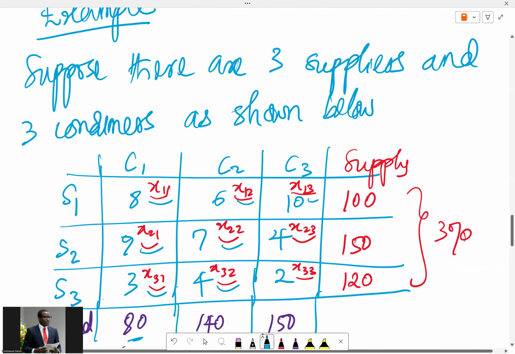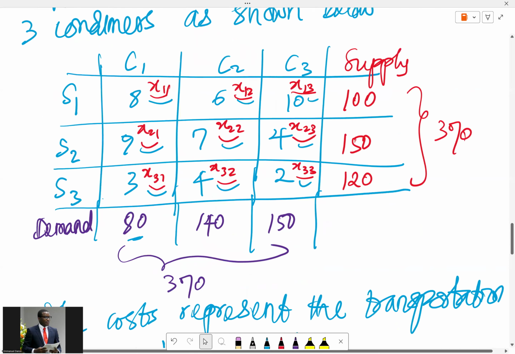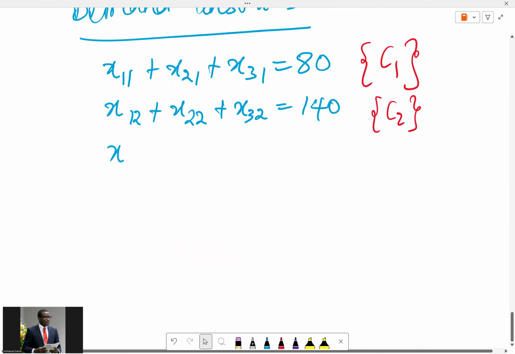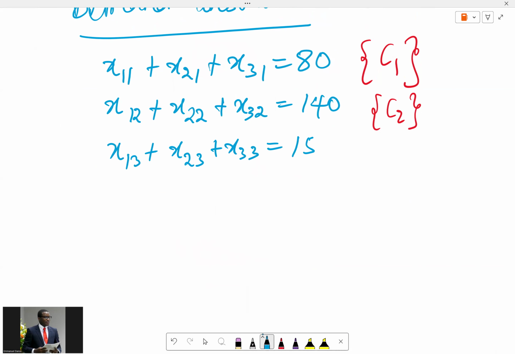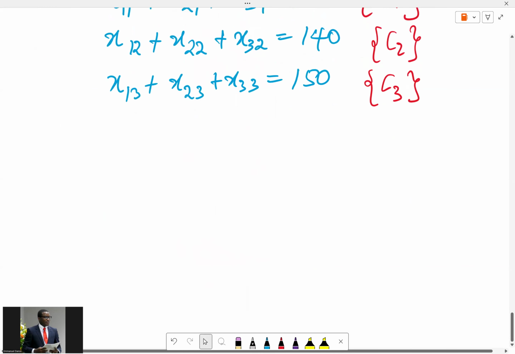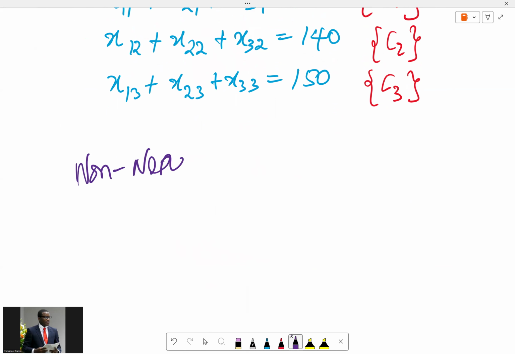So x13 plus x23 plus x33 is equal to 150 for consumer 3. Okay. So we have non-negativity constraints normally, right? So let's talk about non-negativity constraints.